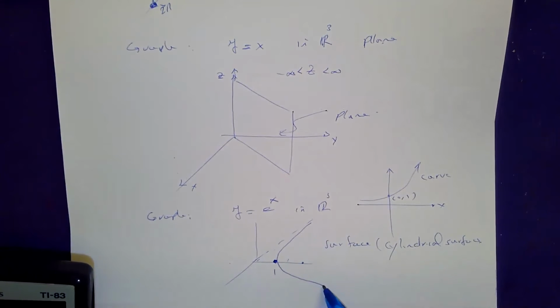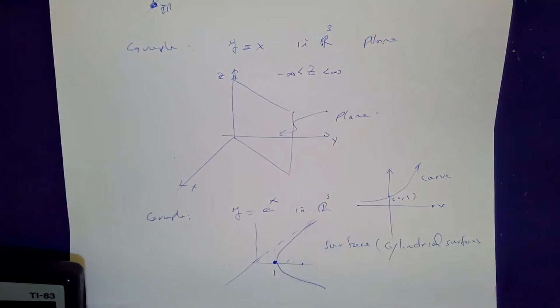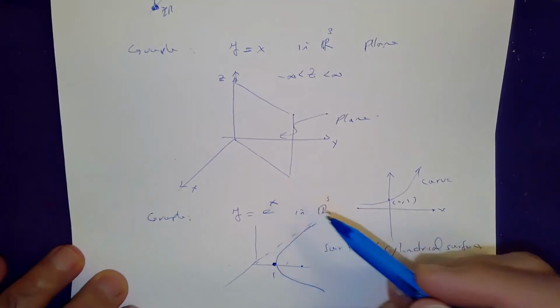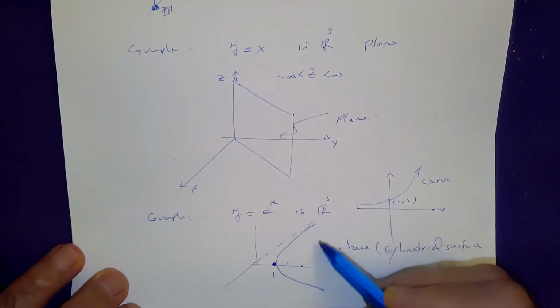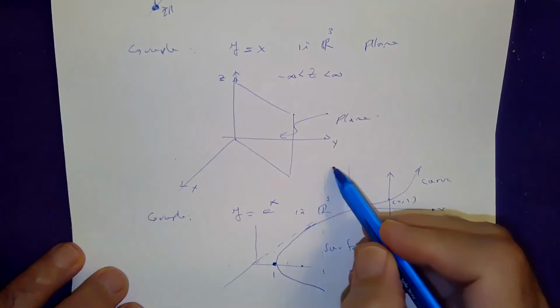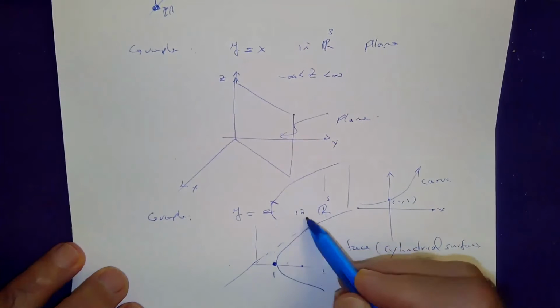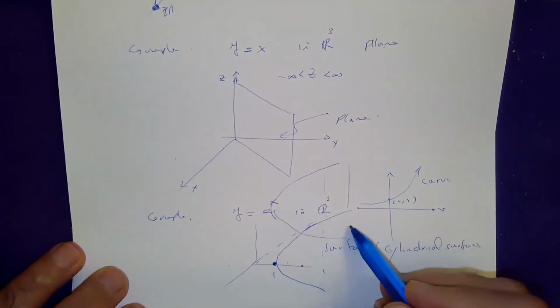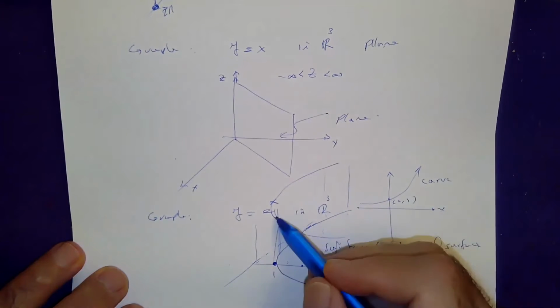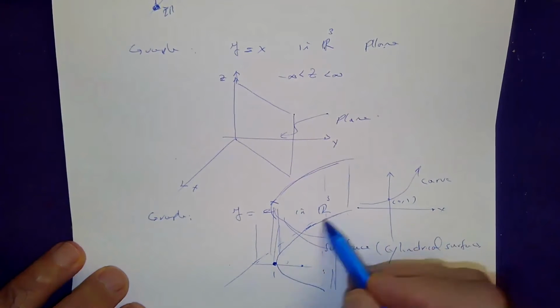Am I doing this right? Is that right, guys? Yeah, because it's in the XY plane, and then you just extend it up along the z-axis. Exactly, extend it up, and lo and behold, you see where this is going, right? There you go.